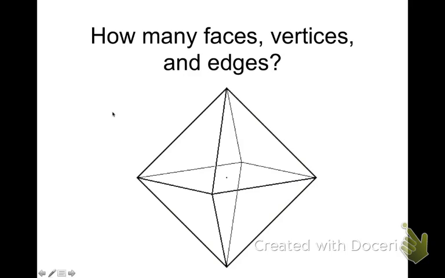How many faces? That's the same one we did in our notes. 8. How many vertices? 6. 4 around. Well, don't count the inside part. So there's 4 around, top and bottom, so 6 vertices. How many edges? 12.